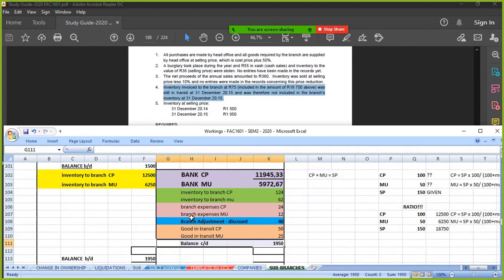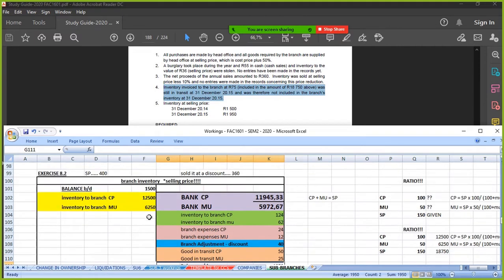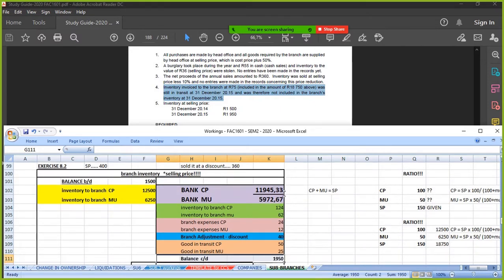Okay, if I'm looking at branch inventory, I need to see which side's bigger. Which side looks bigger? Let's just put a total there. I get 20,025 on this one. And what is this one? 20,205.